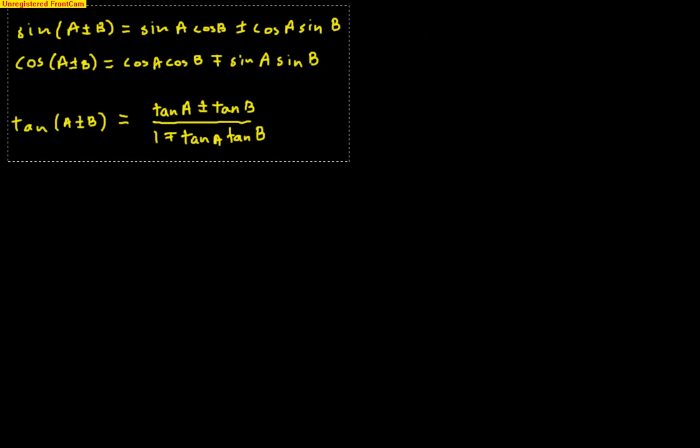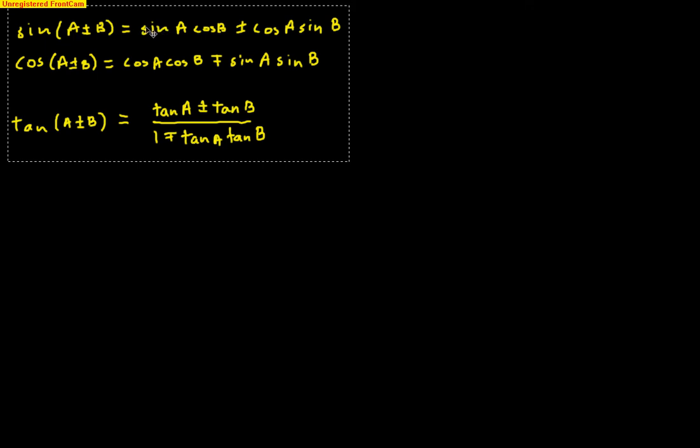One last thing, just a little tip to help you remember at least the sine and cos formulas without going back to them constantly. Okay, sine here, notice that the function changes from sine to cos as we're multiplying those two, whereas cos doesn't. It's cos cos, sine sine.